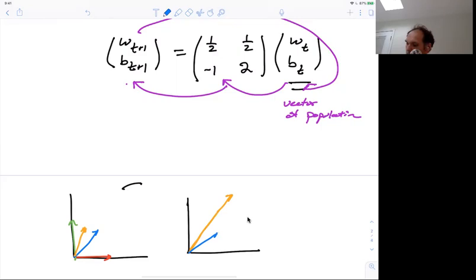The green one goes to 1/2, 2. It goes right here. But the red one I think is going to fall off the map. That's 1, 0. That's going to go to 1/2, minus 1. So the red one goes here. So if you have only wolves but no bunnies, they're going to die out right away.